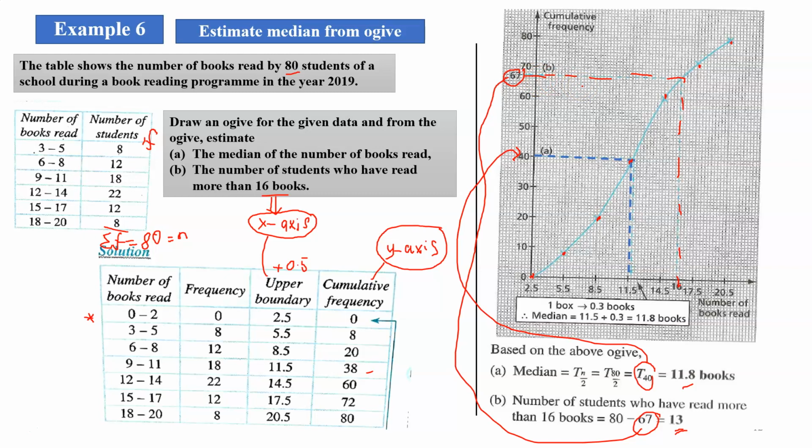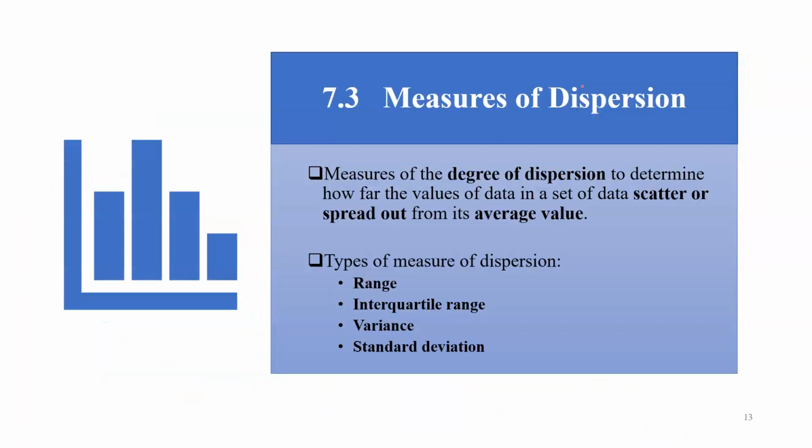We cover histogram and OGIF. Let's see the next subtopic, which is measure of dispersion. Okay, so for measure of dispersion, tadi kita cover, we learn about measure of central tendency, which is you have three main measure, mean, median, and mode.